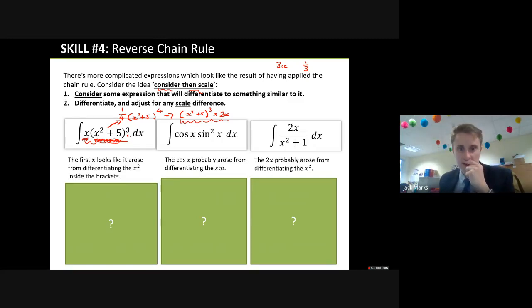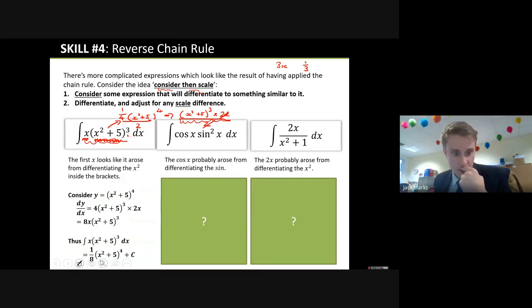So in other words, this result up here is 2 times too big. So the thing it came from would need to be divided by 2. So I should have 1/8 bracket to the power of 4 plus c. A quarter divided by 2 is the same as saying an eighth, if you're unsure about that part there.